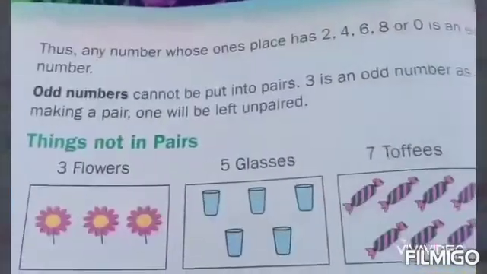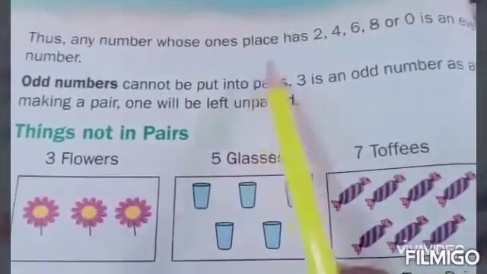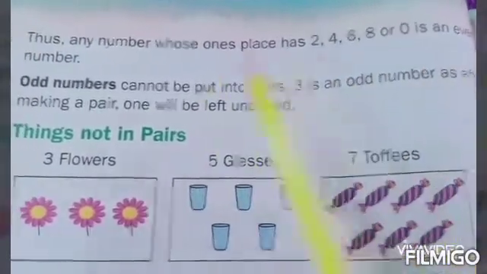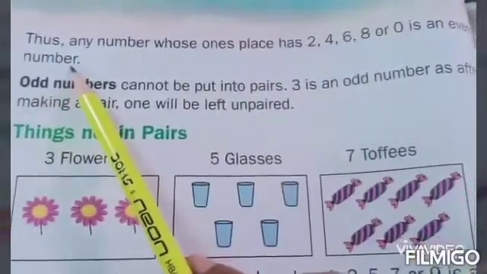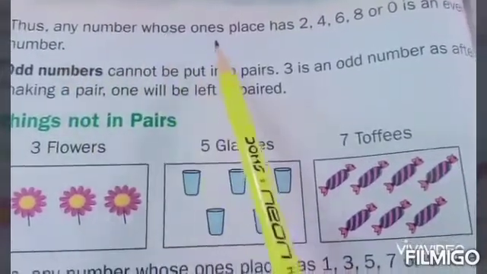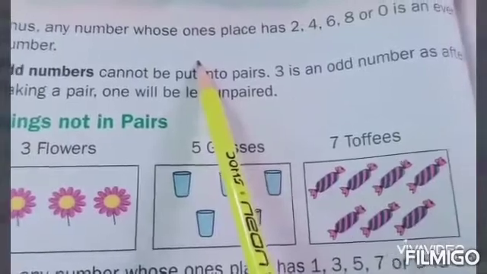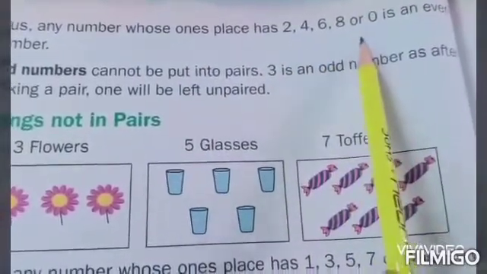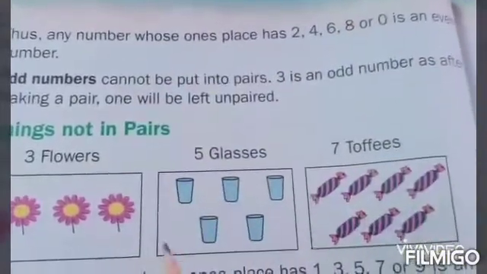Thus, any number whose ones place has 2, 4, 6, 8 or 0 is an even number, whatever the number is. Okay, if it is 2, 4, 6, 8 or 0, it will be an even number.